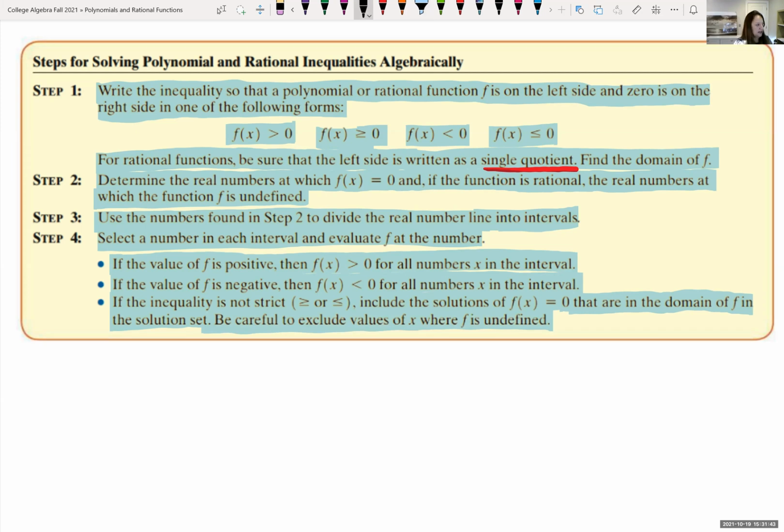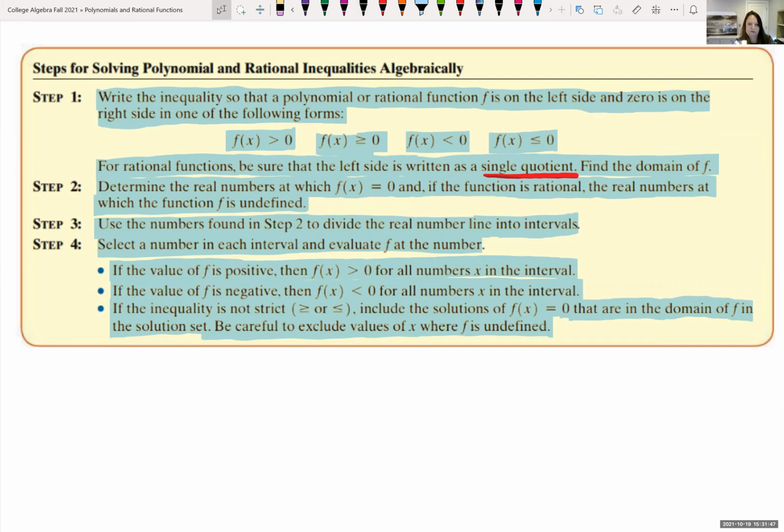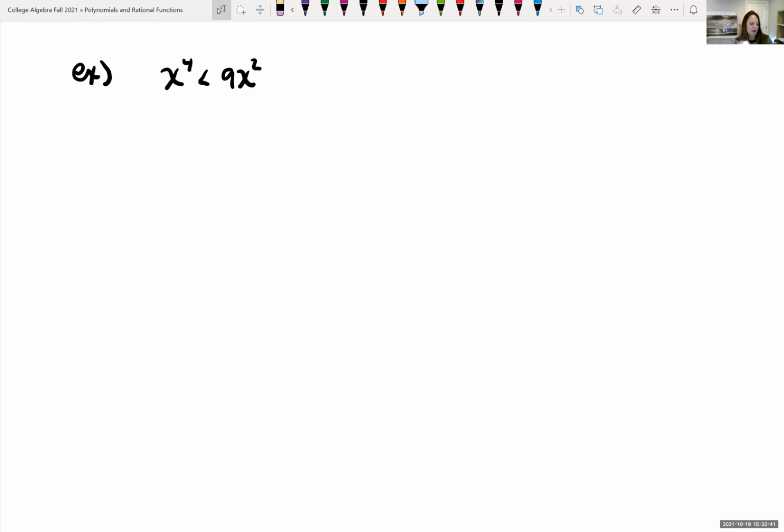So let's look at an example of this. In this example, we have the inequality x to the 4th is less than 9x squared. And it tells us to solve each inequality algebraically. So we want to get everything to one side of the inequality.